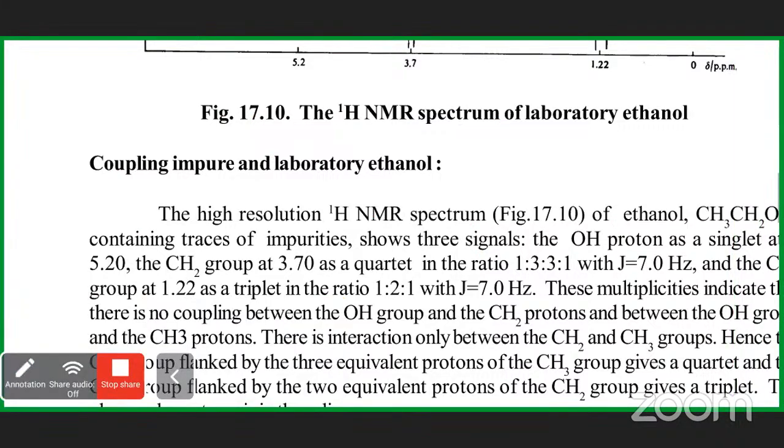Or if you go to any industry interview or CSR interview, anywhere you go. Sir, excuse me, faculty, in CH3, CH2 and OH, CH2 having a quartet, sir? Can you explain more?